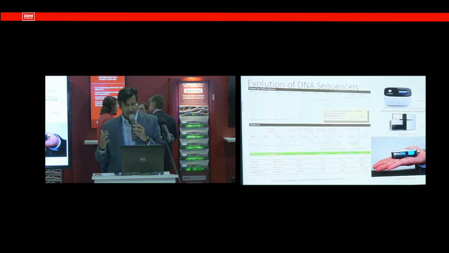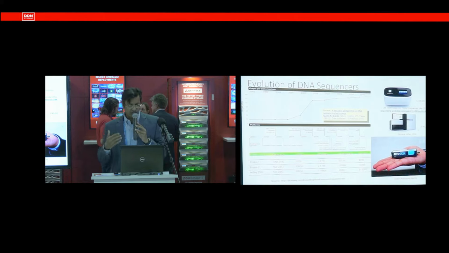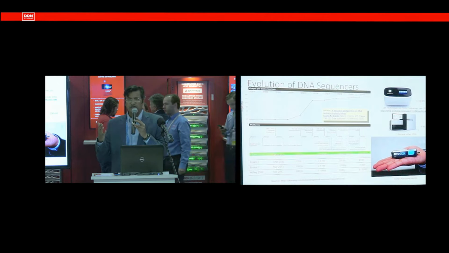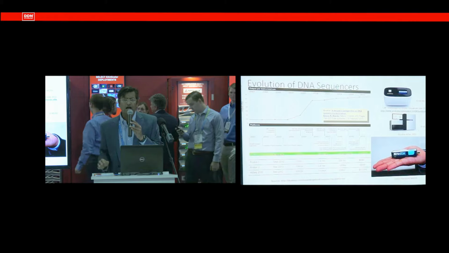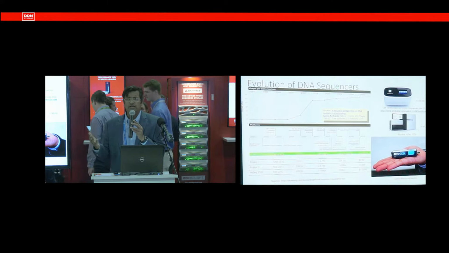Getting back to sequencing, a lot of it has been driven by the tremendous cost reduction in DNA sequencing. The original Human Genome Project cost about $1 billion, and now full genomes can be sequenced for less than 10K.